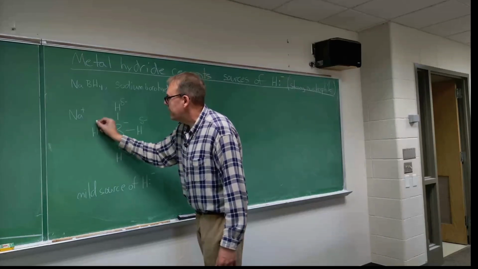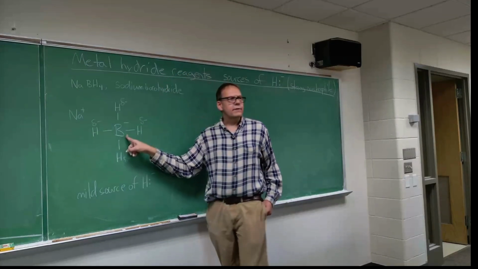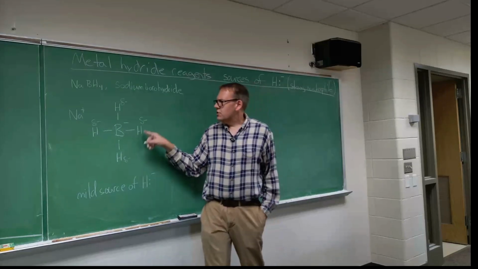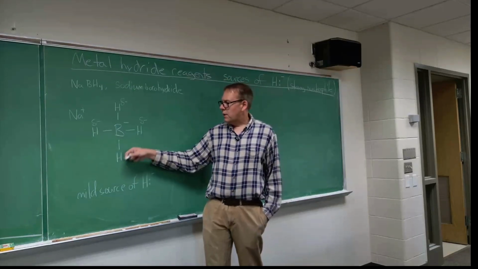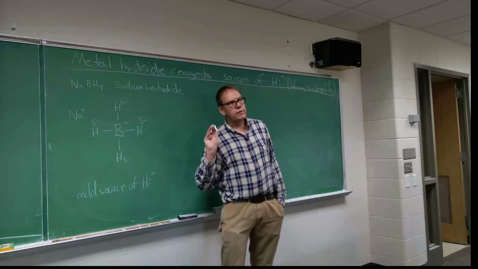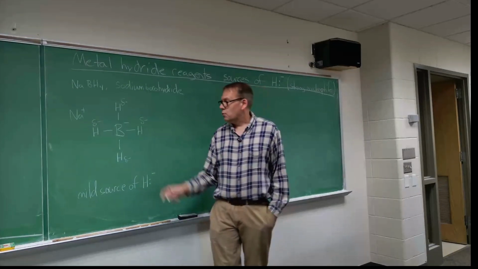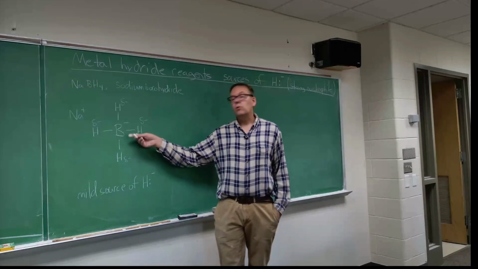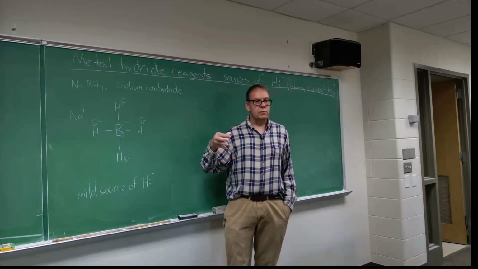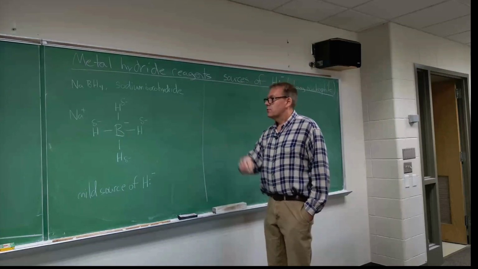They're hydride-like, hydridic in nature. So even though boron has a formal minus charge, these H's have a lot of negative character. They like to take the pair of bonding electrons and run with them and attack something positive like a C double bond O carbon. We're going to see them taking a pair of electrons, leaving boron, and attacking a partially positive charged carbon. So that's a mild source of H-.